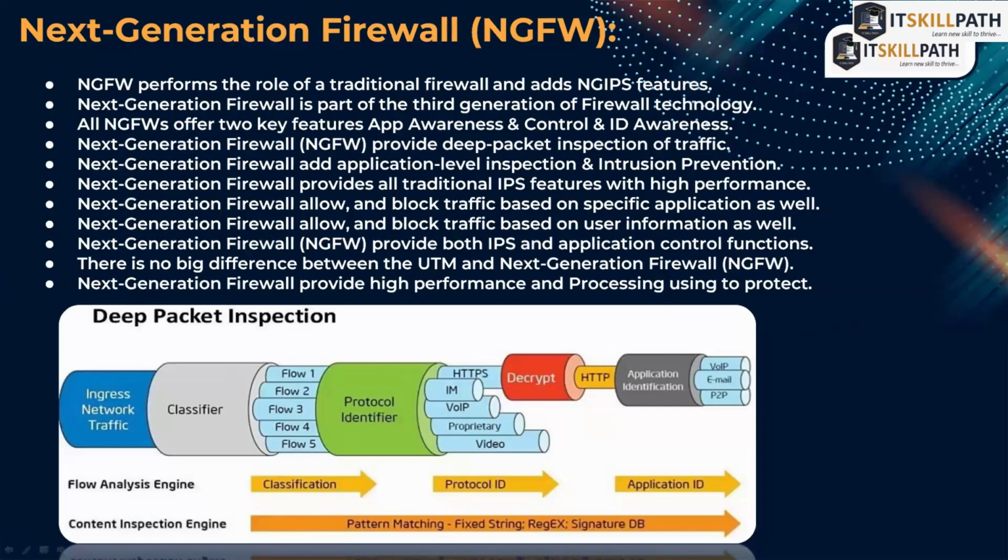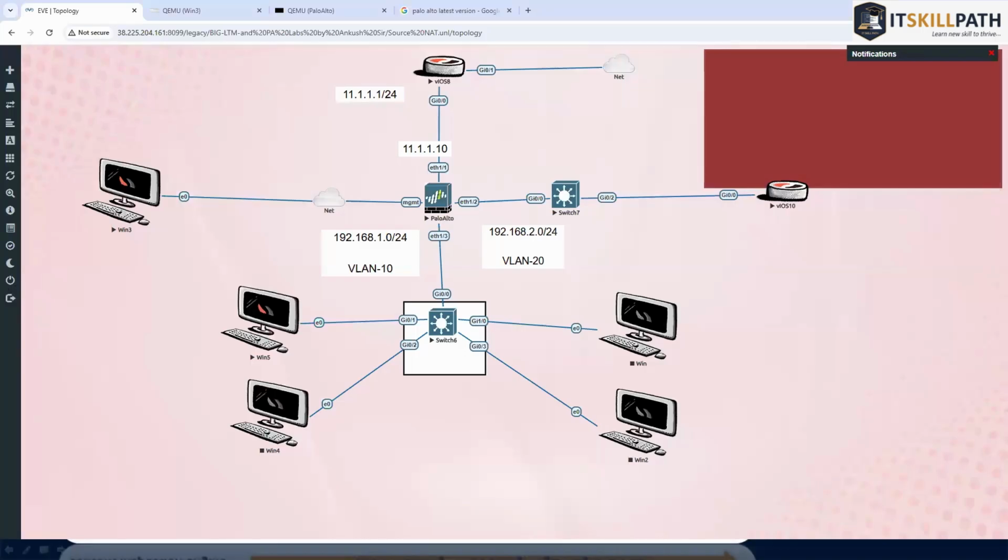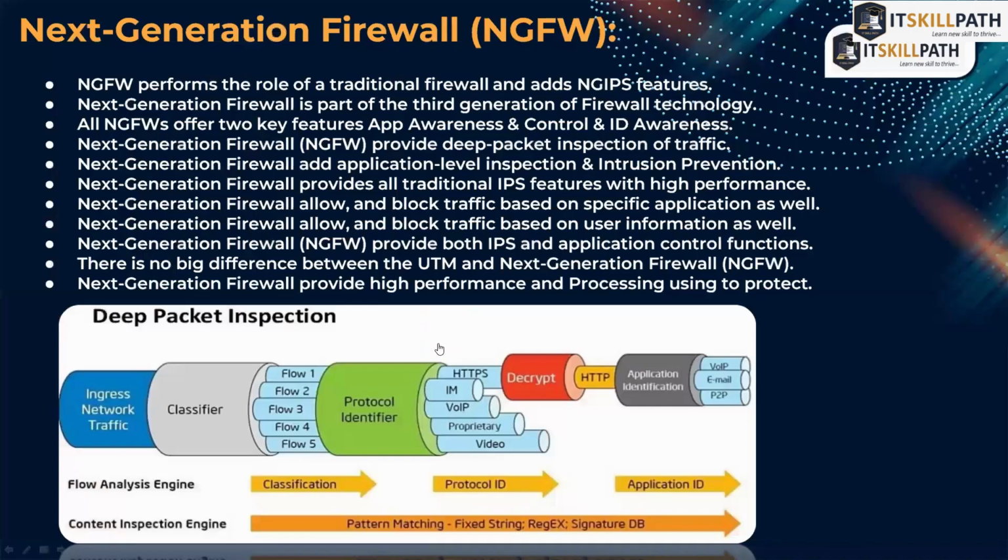Earlier, what we were doing, we were creating policy on the basis of IP and port, and let's suppose instead of UDP we can give the DNS kind of thing.